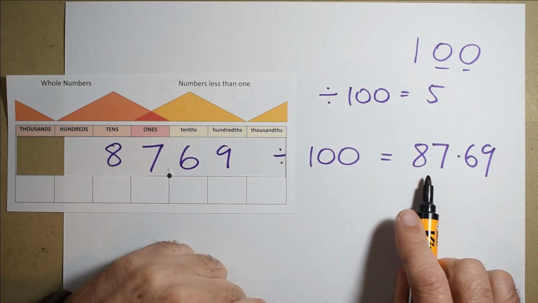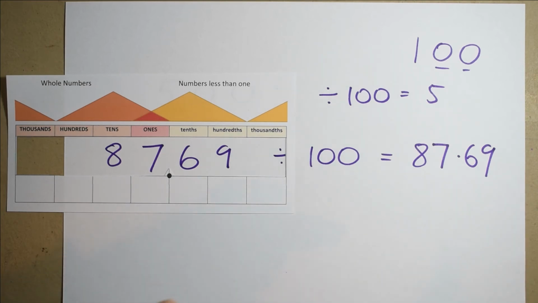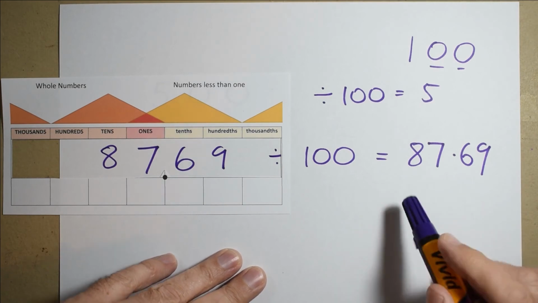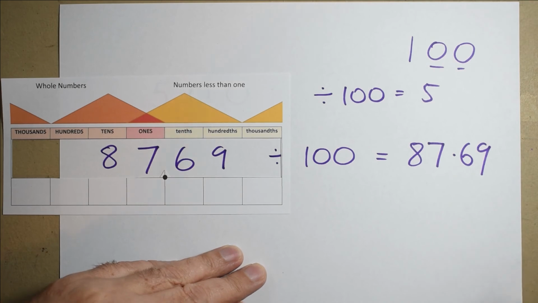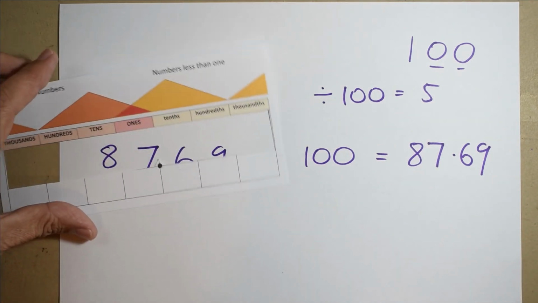So 87 is clearly 8 tens and 7 ones. So that's just a little helpful definition. You might hear in American videos they often skip that and will say point 69. Probably just stick with .69. It's easier to remember as well.